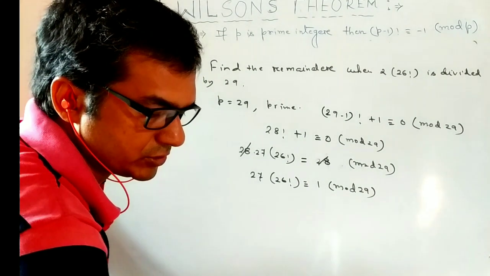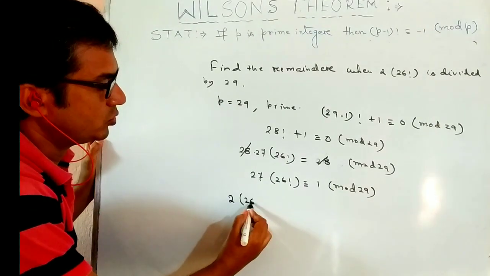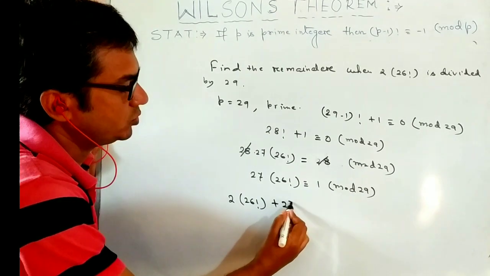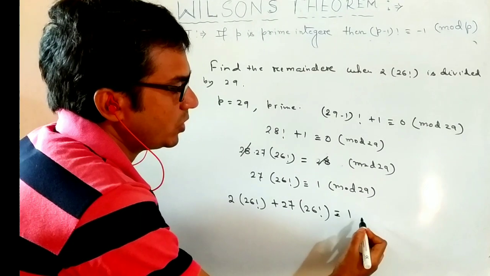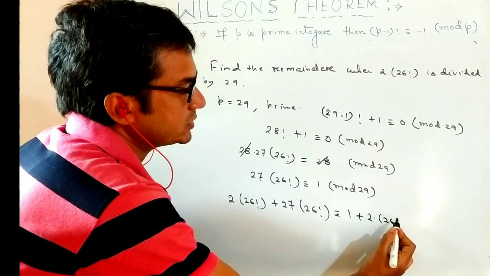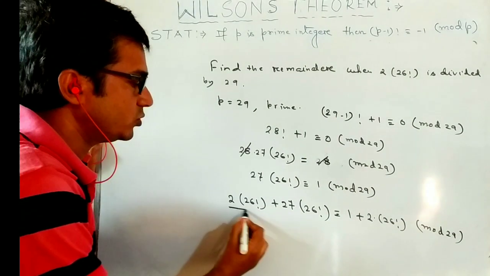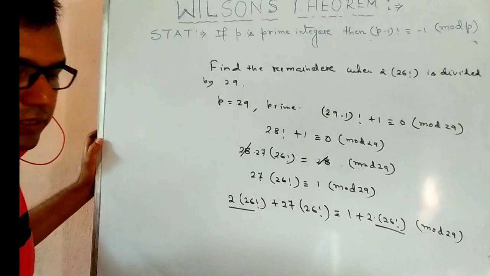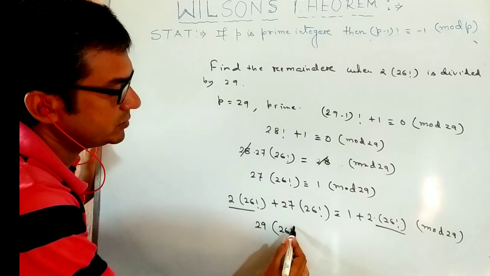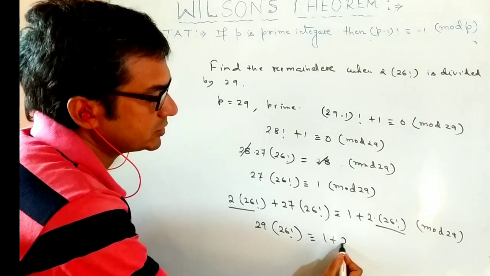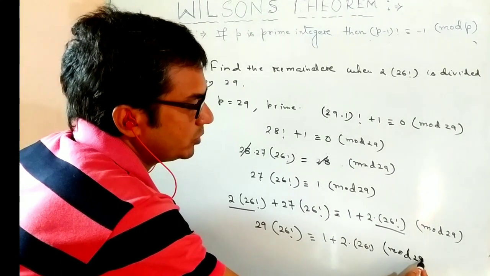Now we get 2 into 26! + 27 into 26! ≡ 1 + 2 into 26! mod 29. Here we add 2 into 26!. Then here we get 29 into 26! ≡ 1 + 2 into 26! mod 29.